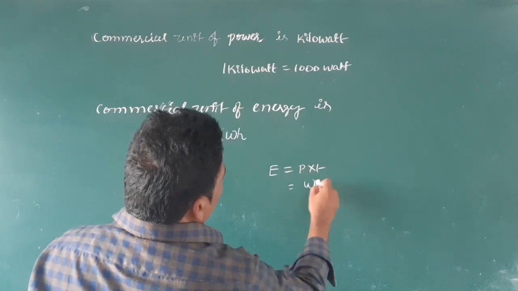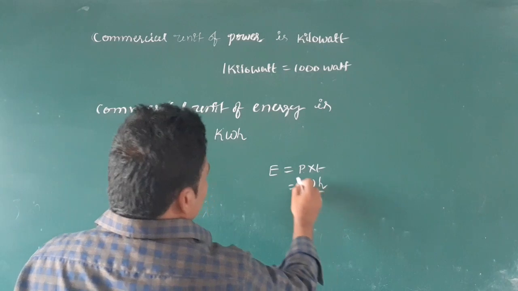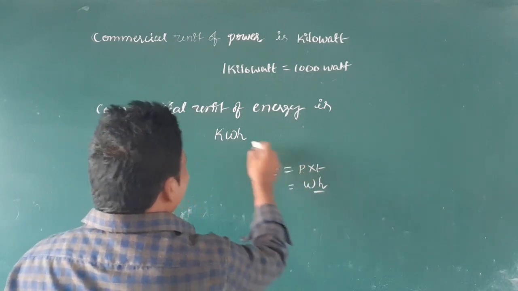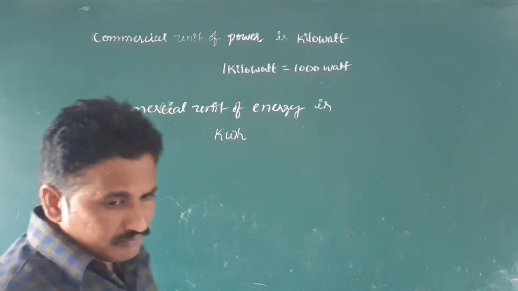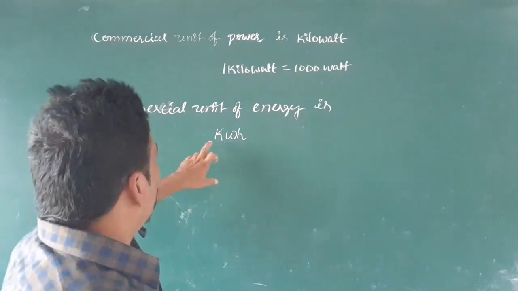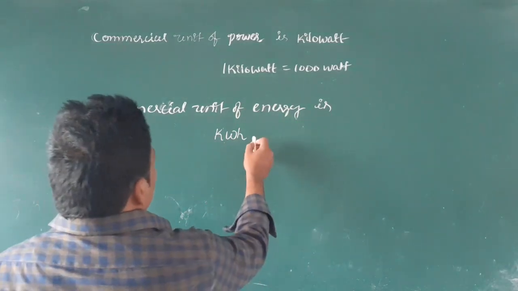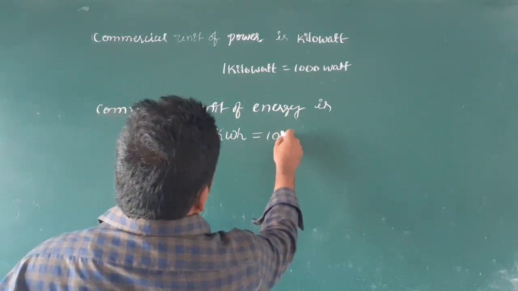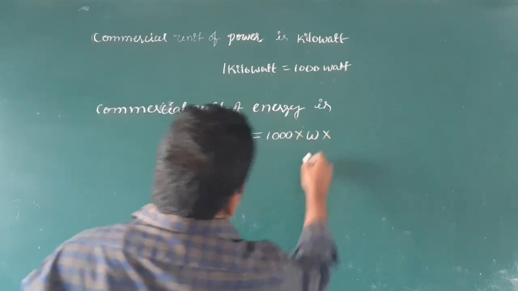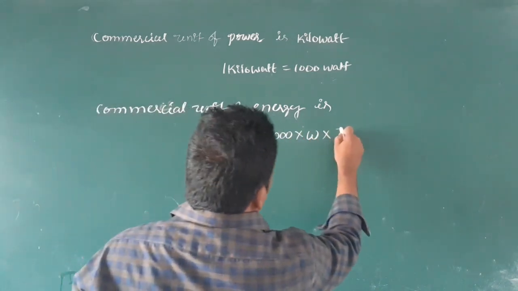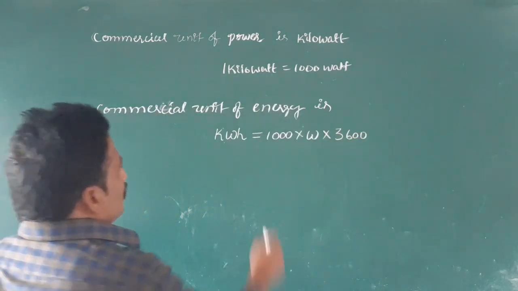See, generally the formula is energy is equal to power into time. The unit of power is watt and time is in hours, not in seconds, hours. Instead of this we can write kilowatt hours. Kilo indicates that the prefix value is equal to 1000, students. So substitute here 1000 watt into 1 hour, which is equal to 3600 seconds.